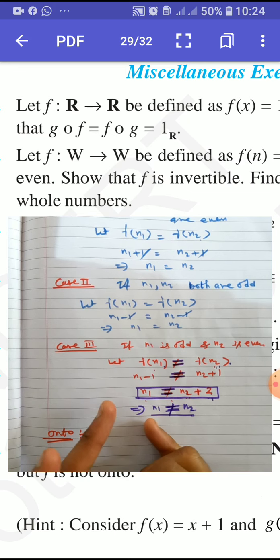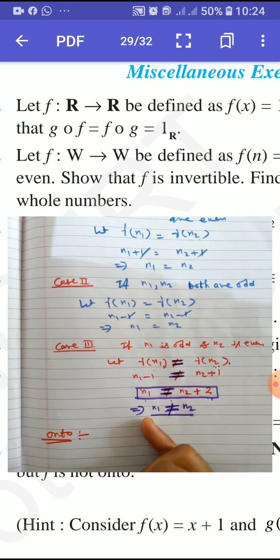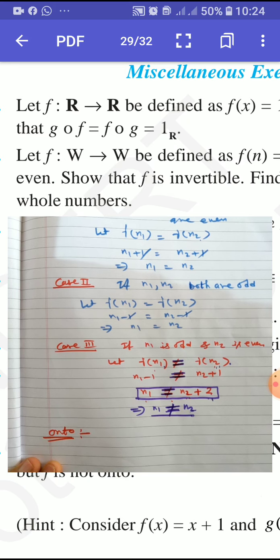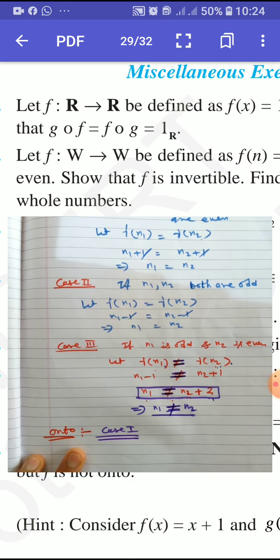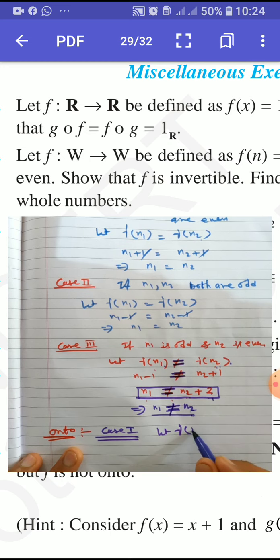As we know by help of the definition, let case 1 onto. Let fn equal to m, right?